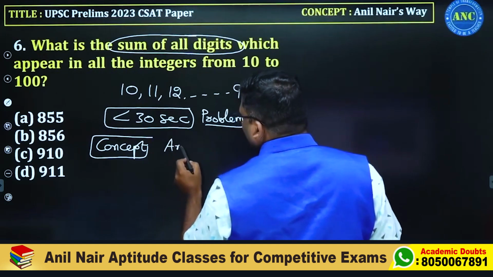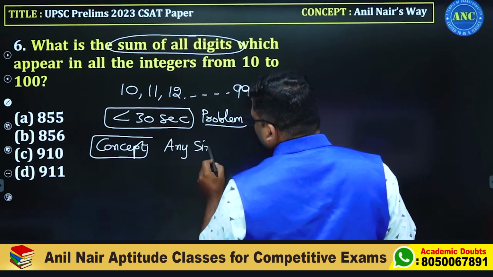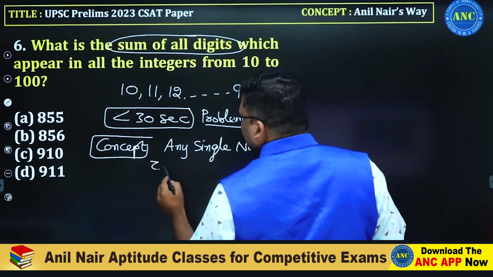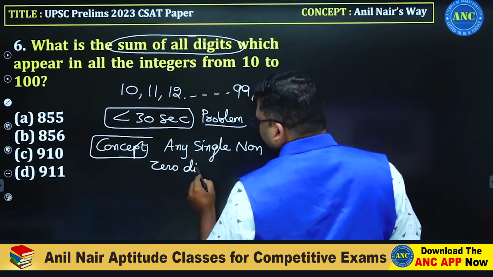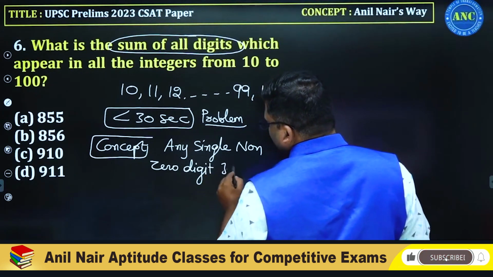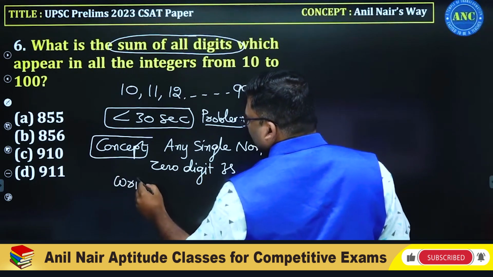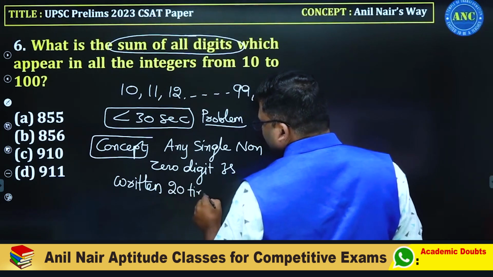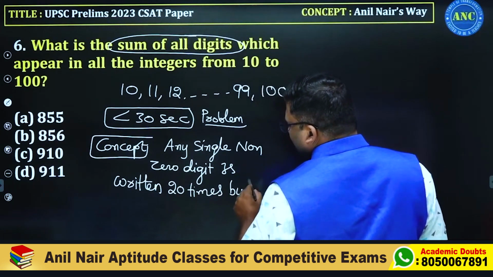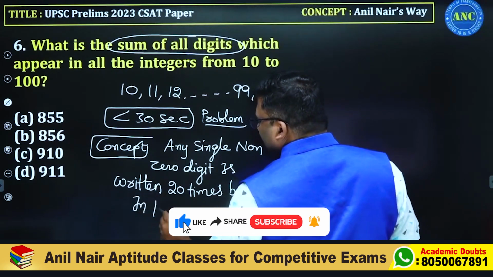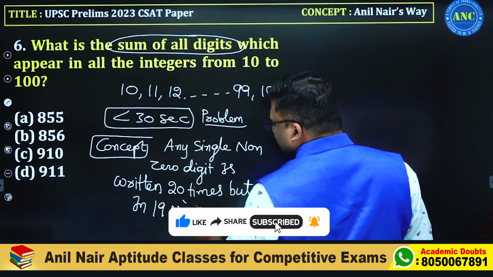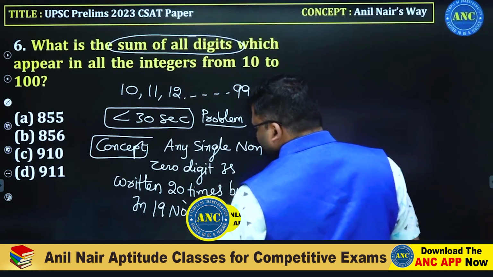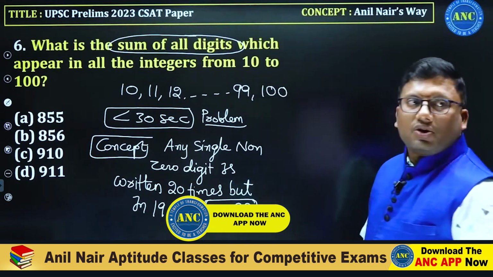Any single non-zero digit. First, write down that concept. If you know this concept, answer is very easy. Any single non-zero digit is written 20 times, but in 19 numbers, when you are writing from 0 to 99.